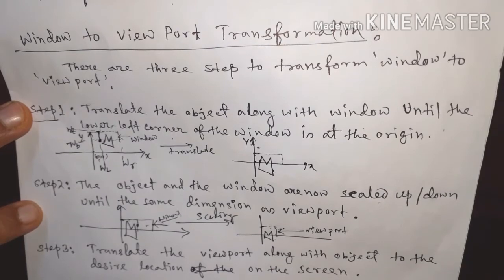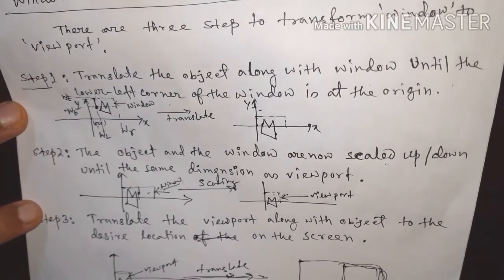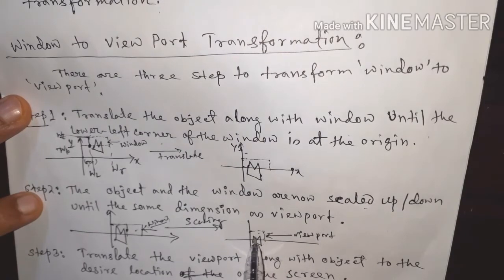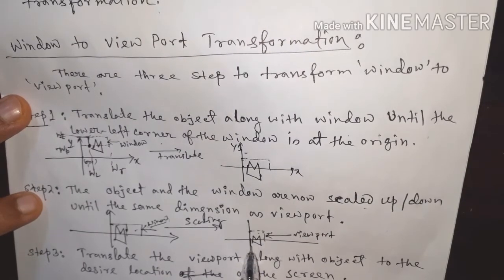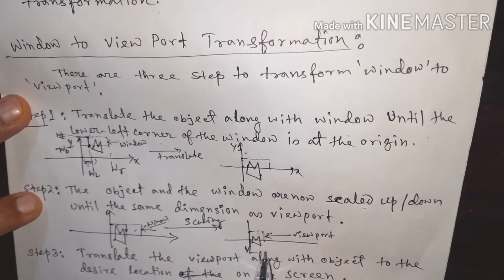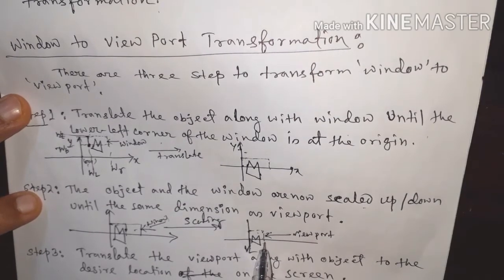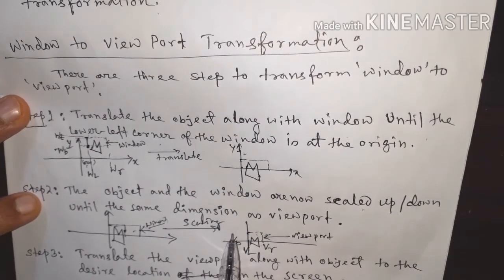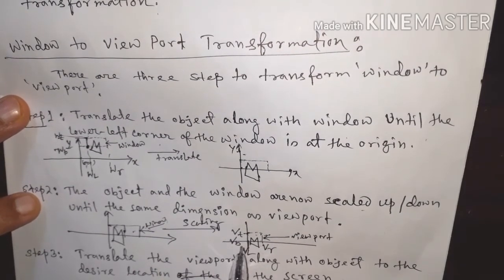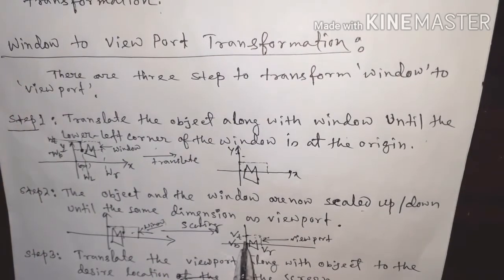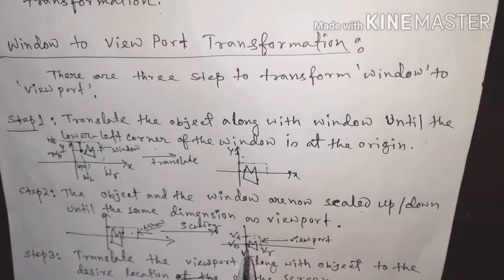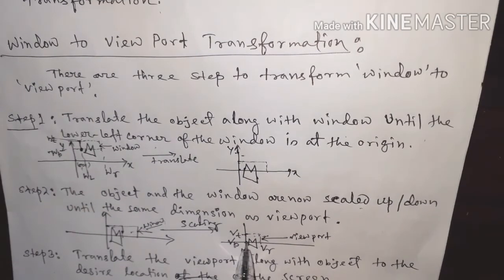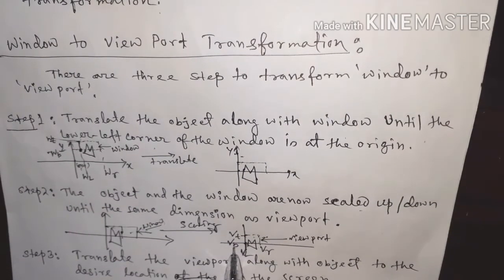So in general I consider the viewport: VL, VR right side, VB bottom, and VT top. So in generalized form, the lower left corner is VL, VB, the left side and bottom side of the viewport.